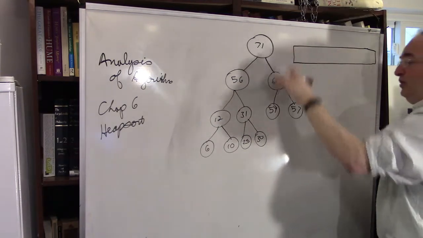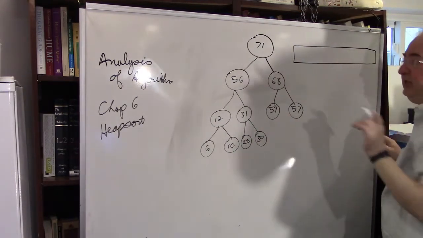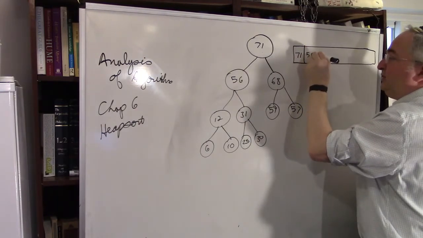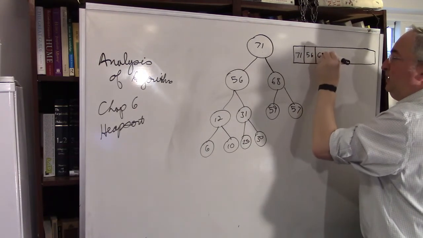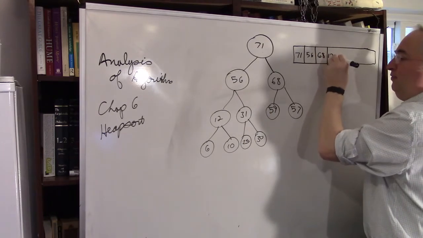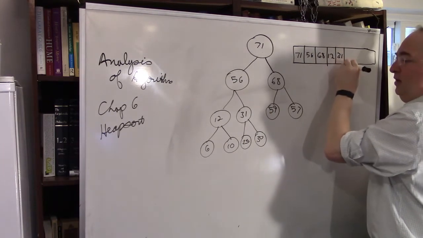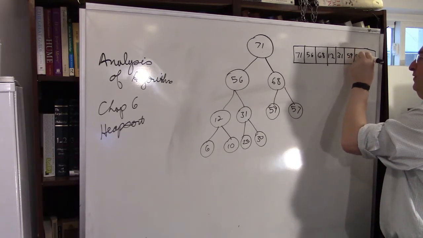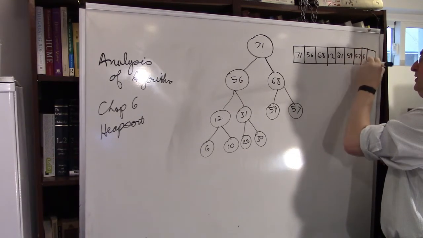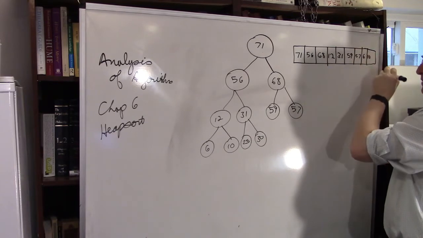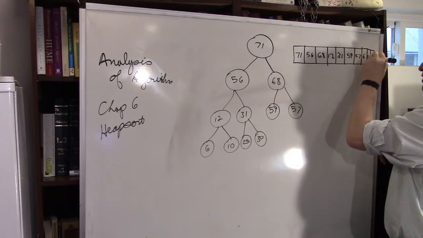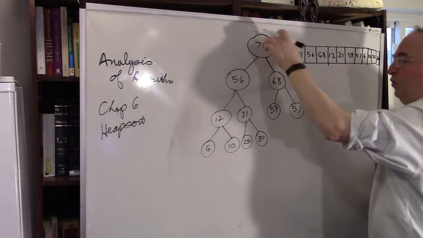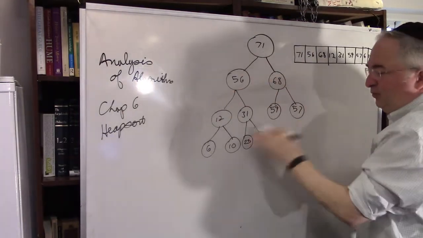You can store this binary tree very nicely in an array: 71, 56, 68, 12, 31, 59, 57, 6, 10, 25, 30. In other words, read it from top down, from left to right.